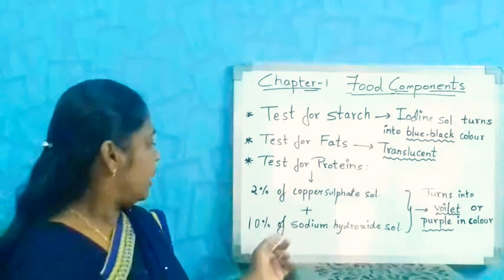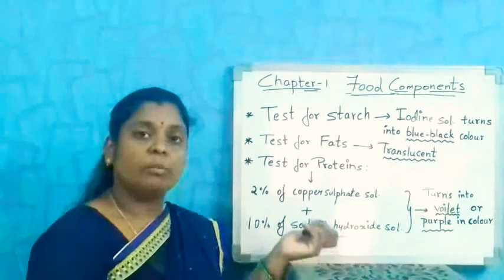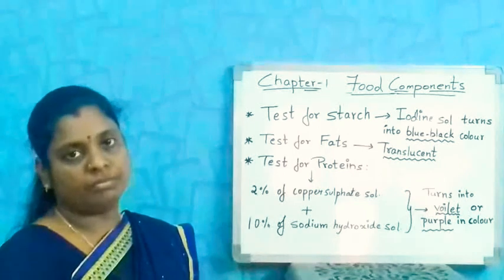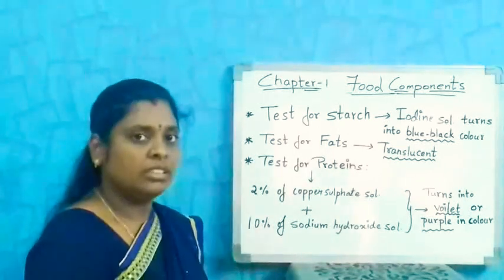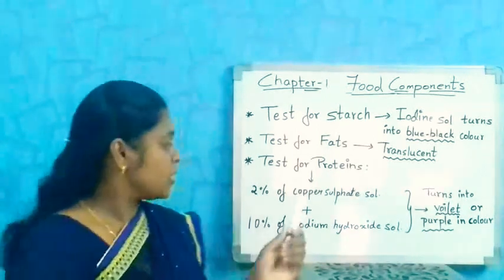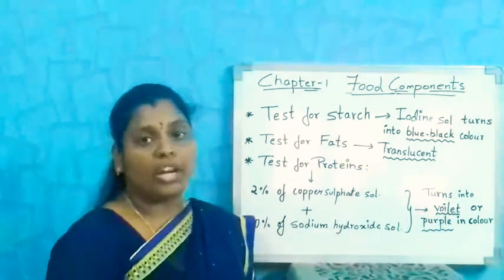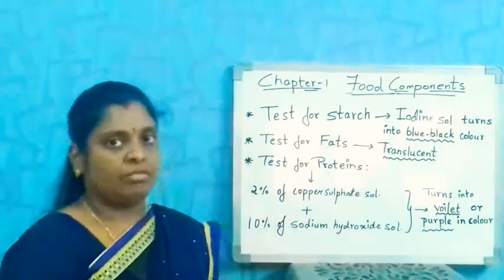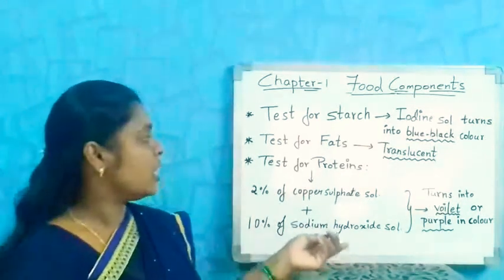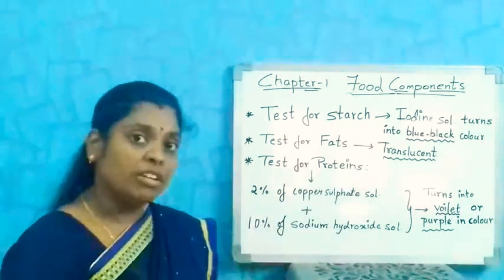Next, take another test tube and add 10 grams of sodium hydroxide into 100 ml of water. Stir it. Then we will get the solutions of 2% copper sulfate and 10% sodium hydroxide. These two solutions we use to test the proteins present in the given food item.